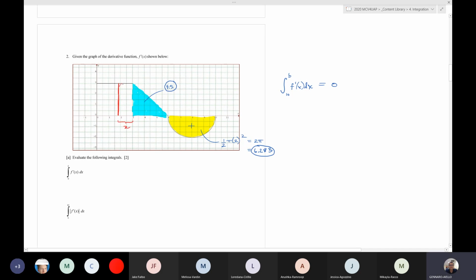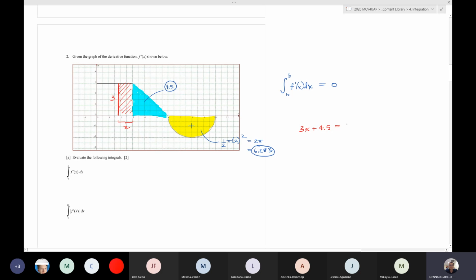Okay, we're forming a rectangle here. The height of that rectangle is 3. So what has to happen is the area of that rectangle, which is 3x, plus the 4.5, right?